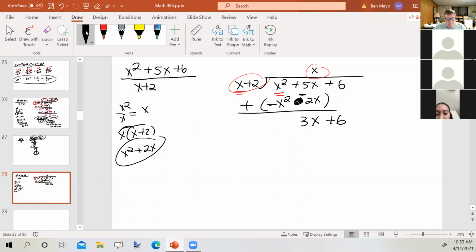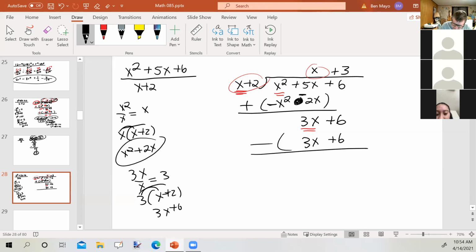Any questions? All right. We're going to take the leading term inside divided by the leading term outside. 3x divided by x is 3, and it's a plus 3. Then we're going to take the 3 times the divisor, the x plus 2, and we get 3x plus 6, which we're going to write here.